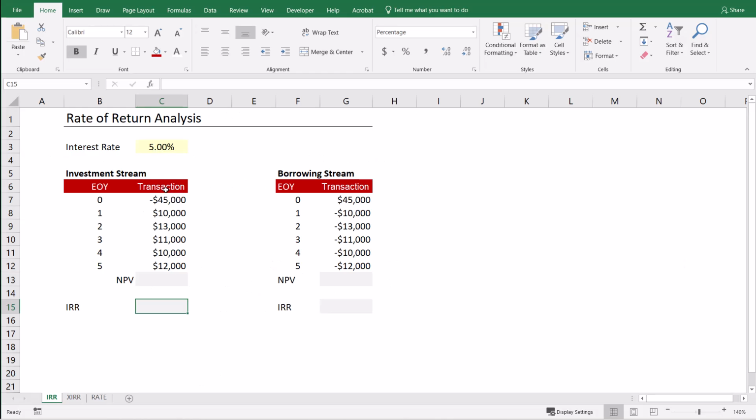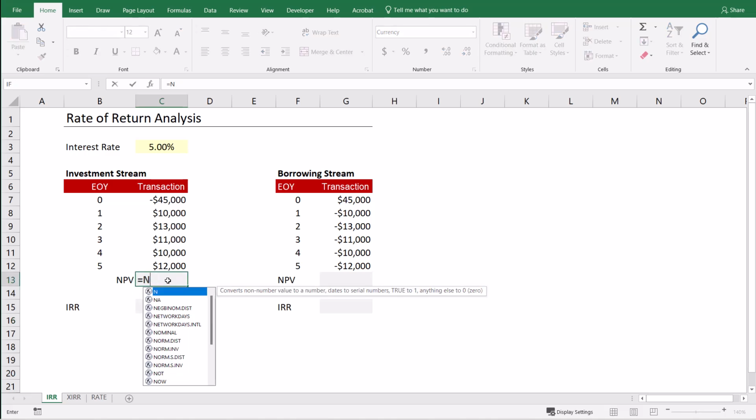In this first example, we have what's called an investment stream, okay? What this means is that we are making an investment and then getting returns in the subsequent years from this investment. To calculate the rate of return, we're going to use the IRR function and give it the transaction values. And so here we get that the IRR is 7.71%. We know that for any rate that is below the IRR, the NPV is going to be positive, okay?